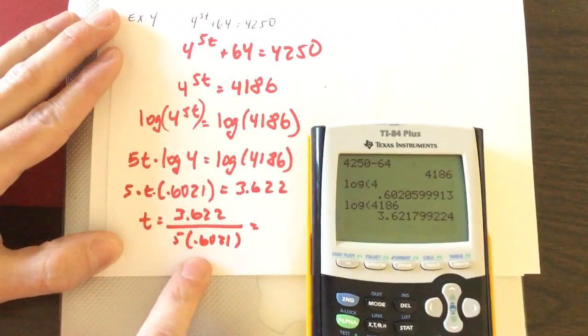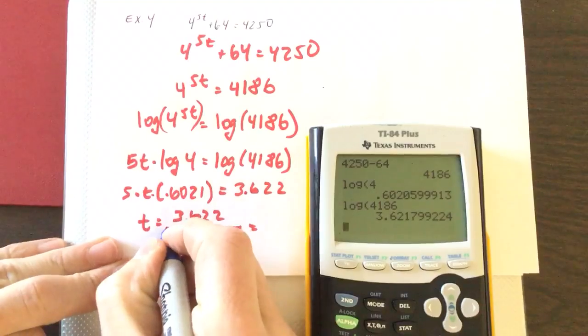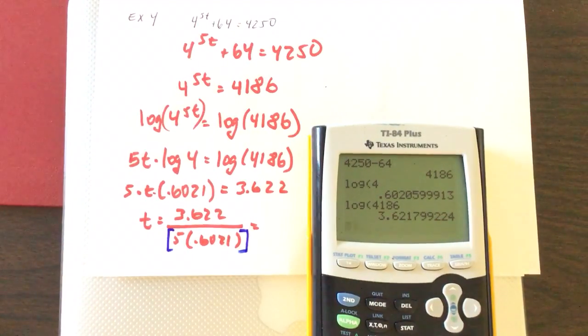Now I can do this separately. I can do it together. If I'm doing this together, just make certain in the calculator that you bracket off everything by which you divide. Otherwise, it's going to divide by one and multiply by the other.